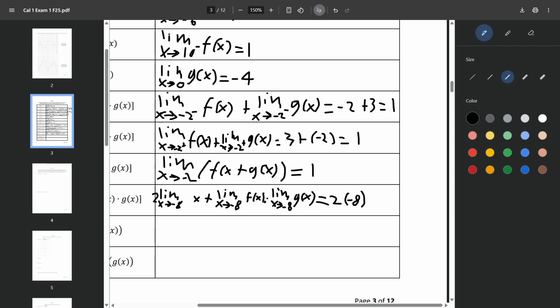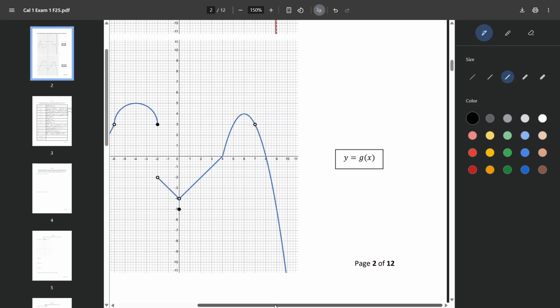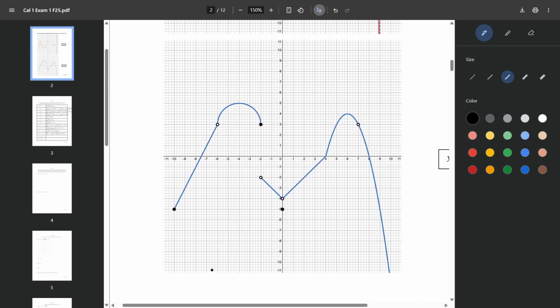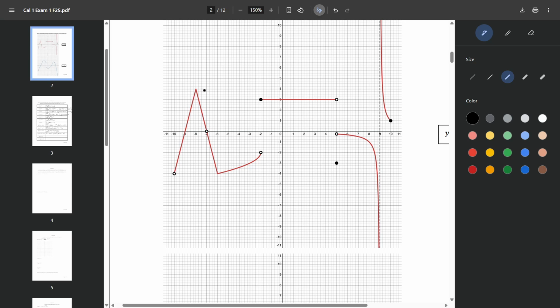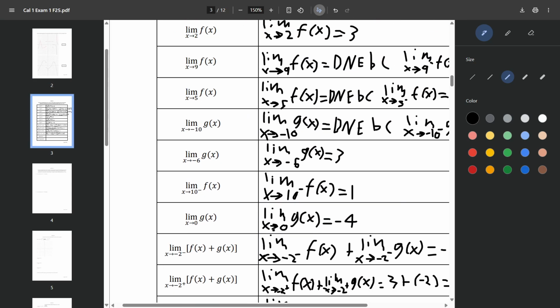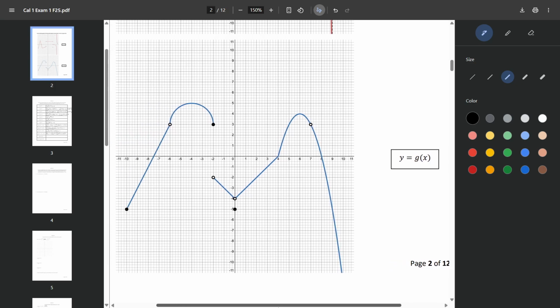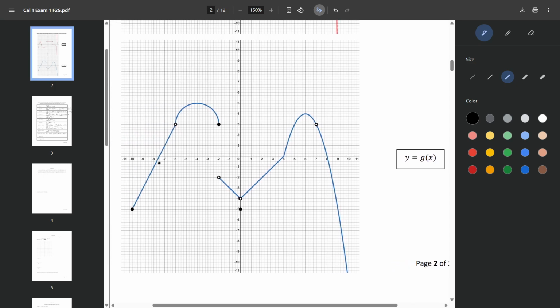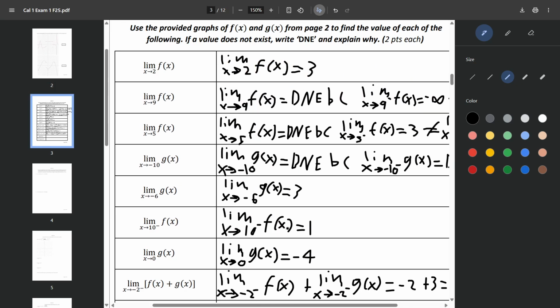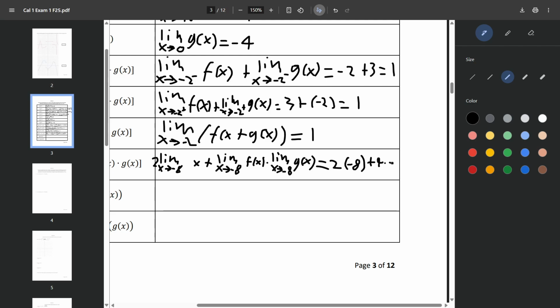So let us see, the limit of x approaching negative 8. Now as we can see, both sides are approaching 4 at this part of the equation. So we could put a plus 4 times, we will see our g of x, and that seems to be negative 1, times negative 1. And that will equal negative 20 once everything is added together.